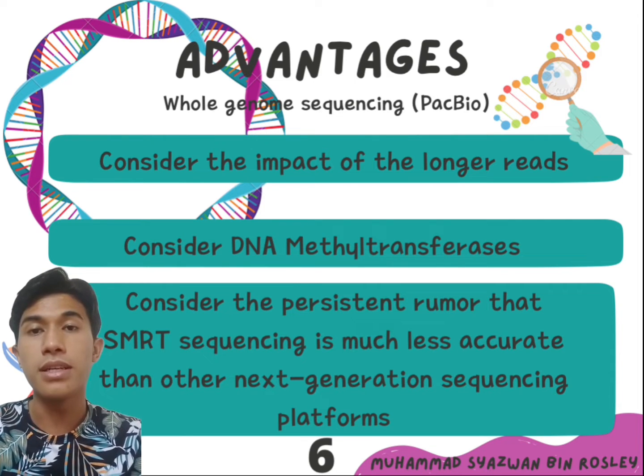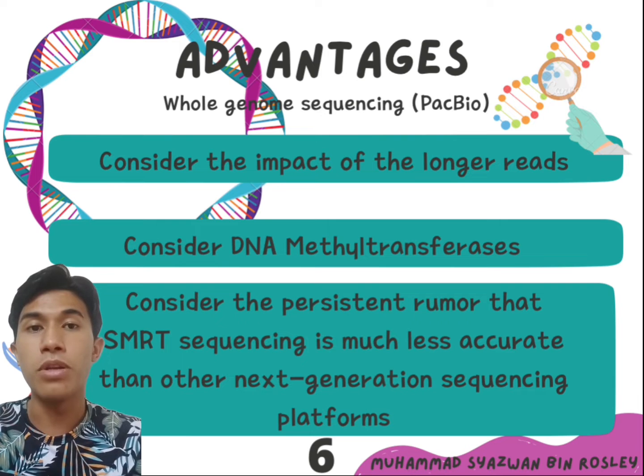The second advantage is to consider the DNA methyltransferases. For example, these can exist as standalone enzymes or as components of restriction modification systems. Because of the shift in DNA polymerase kinetics as it passes along the template molecule, caused by epigenetic alterations, they methylate very small sequence motifs that can easily be detected from SMRT sequencing data.